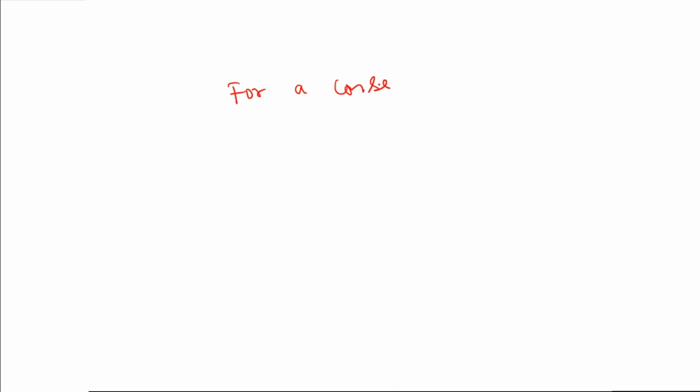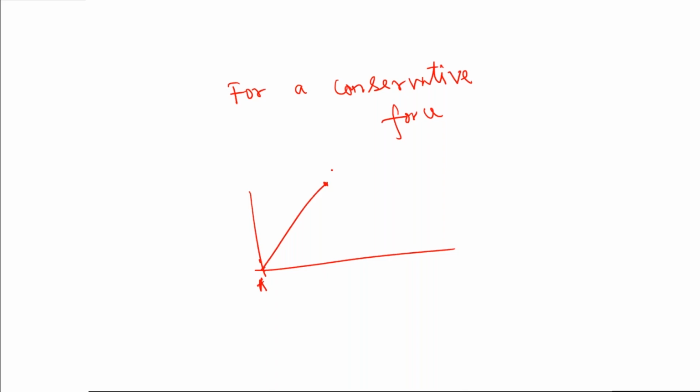Suppose I have a path, I have to go from A to B. This is A point. I have to go to B. If I go directly, suppose work done is W0.